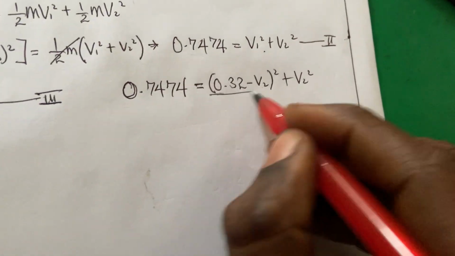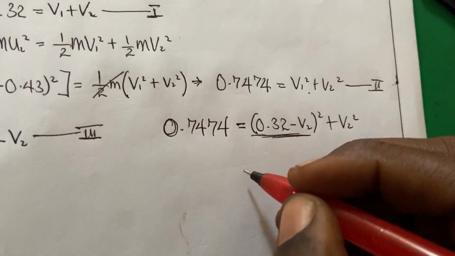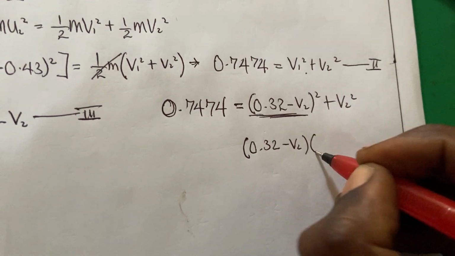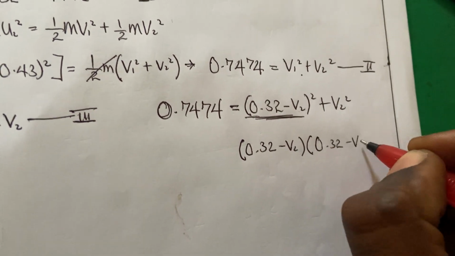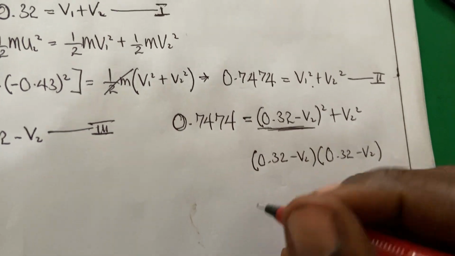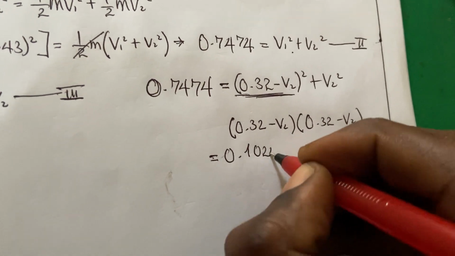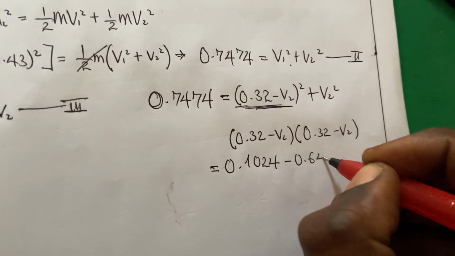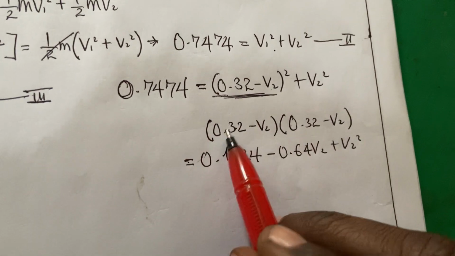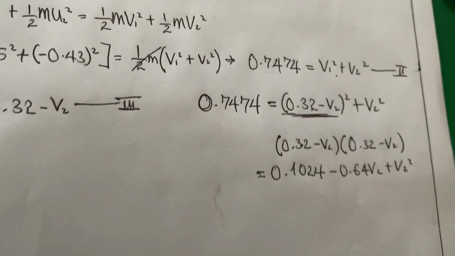Now this is an expression on its own, and this means that it is (0.32 minus v2) times (0.32 minus v2). After expanding all of this, we are going to be having 0.1024 minus 0.64 v2 plus v2 square. That's what we're going to be having.